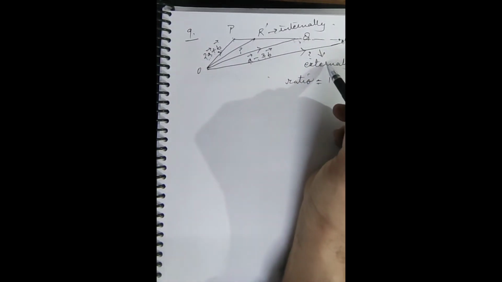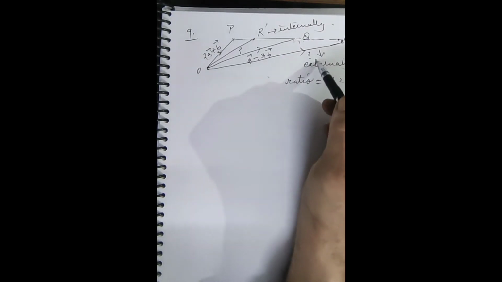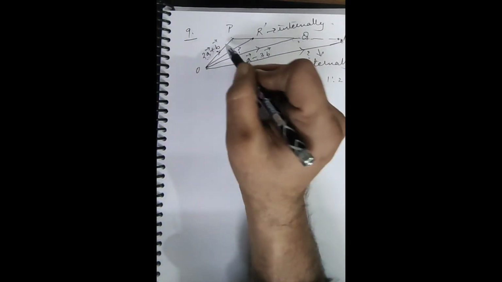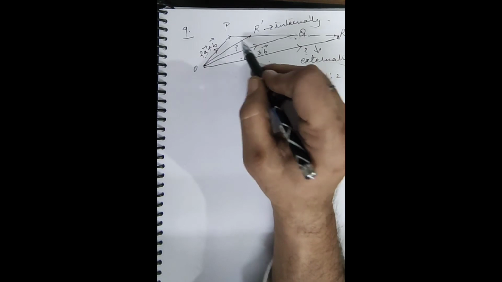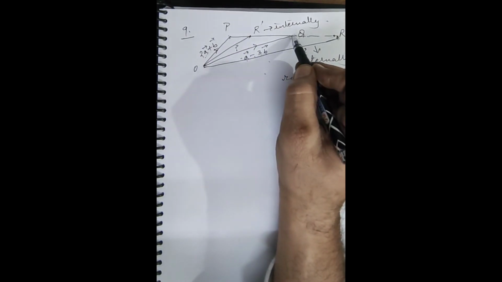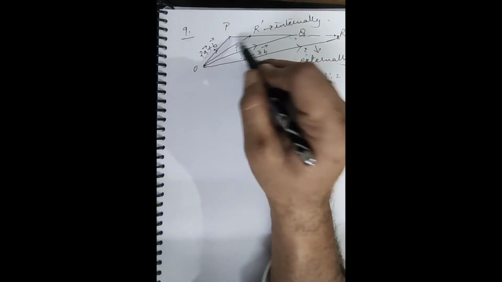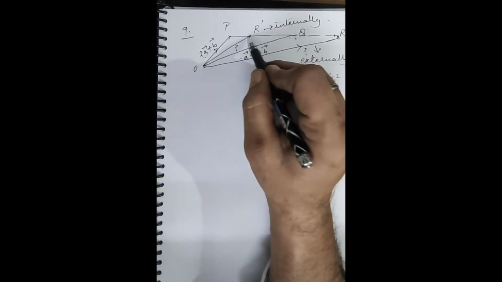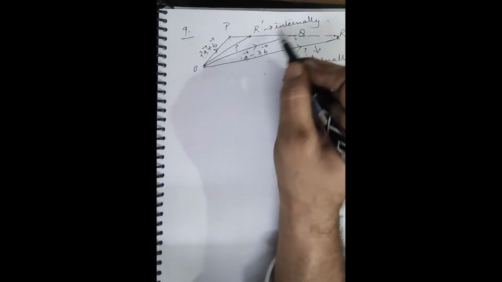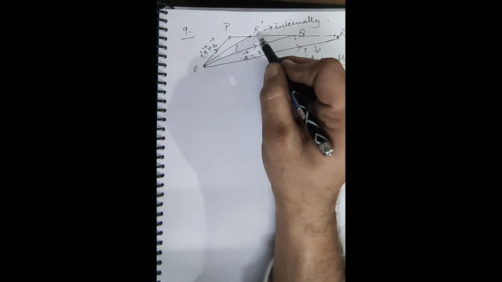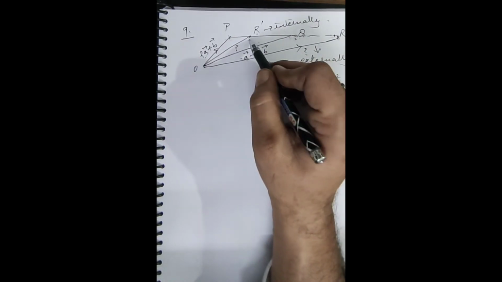Now I have taken this actually for explanation. According to the theory, R must be towards P only. What is the theory? This is just to explain externally and internally. Whenever P and Q are given, if point R lies somewhere between P and Q, then such a section is known as internal section, meaning R divides PQ internally.